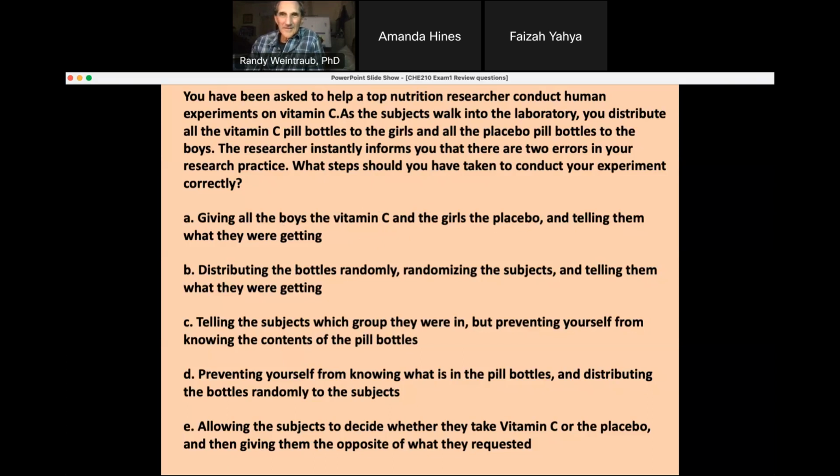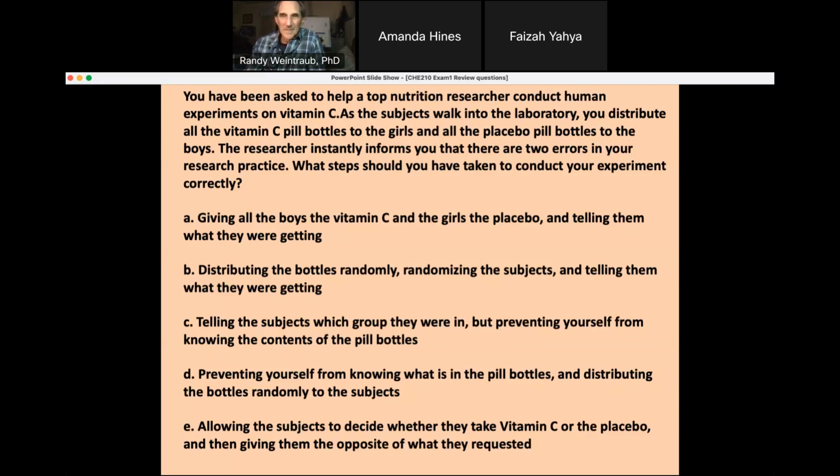In addition, a good research project, especially a clinical research project, the best is when the actual researcher, the person involved, is also blinded to the treatments. So that's randomized for sure.